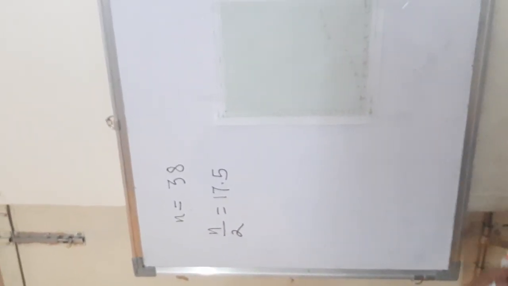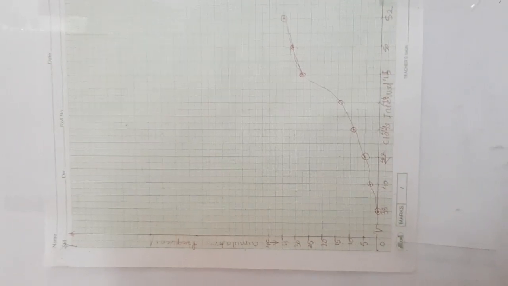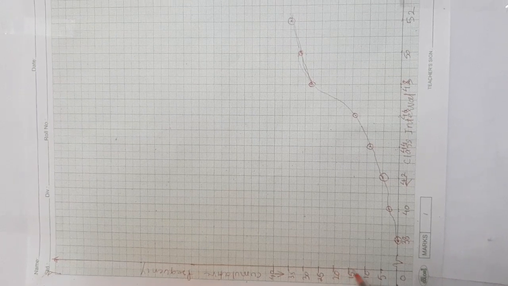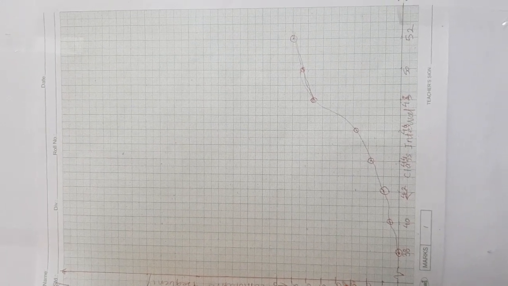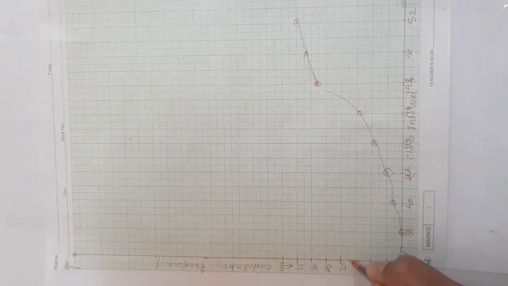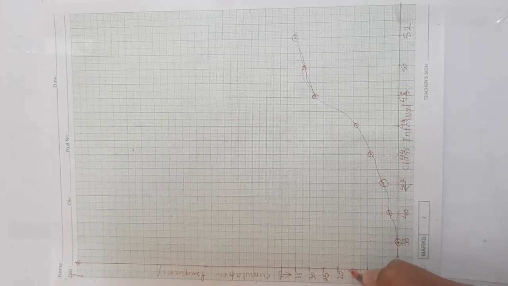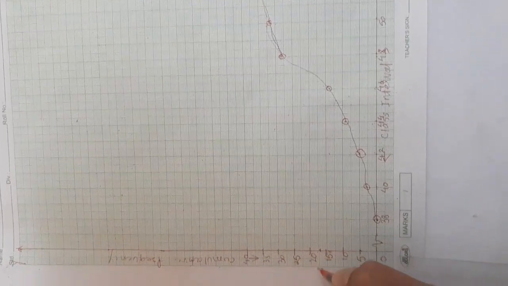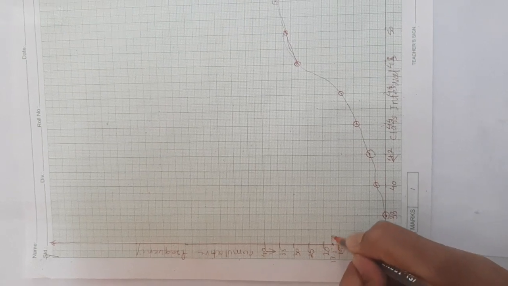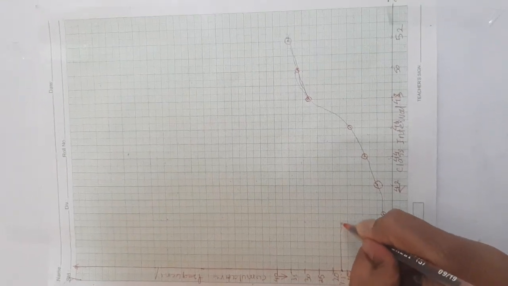17.5 I will see on the y-axis. You can see here, 17.5 is exactly between 15 and 20. What I will do? I will come here. This is 17.5. I will draw a straight line from here till the curve.